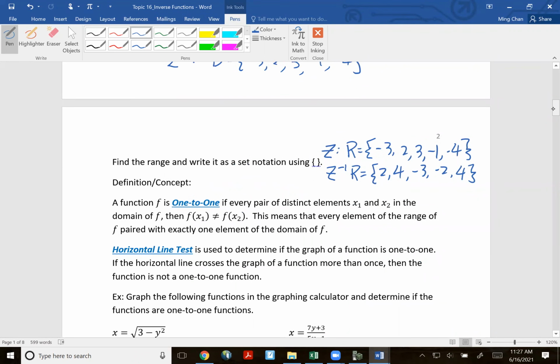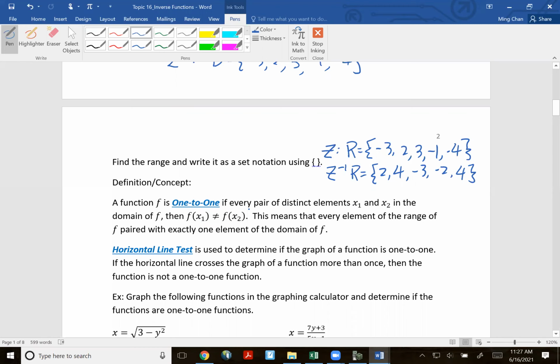All right, let's take a look at this concept. A function is 1 to 1. A function is said to be 1 to 1 if for every pair of distinct elements x1 and x2 in the domain, f of x1 does not equal f of x2.